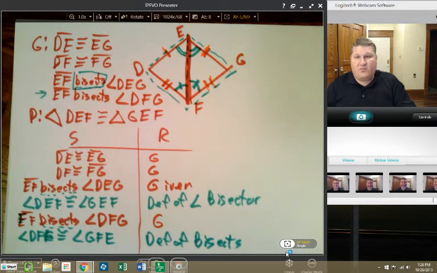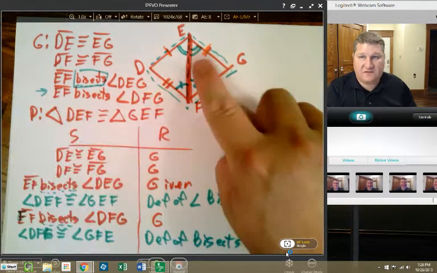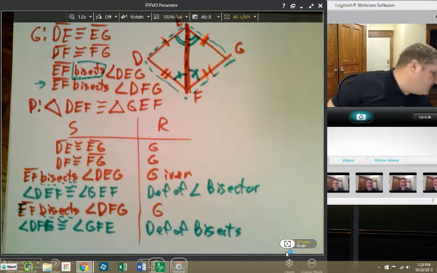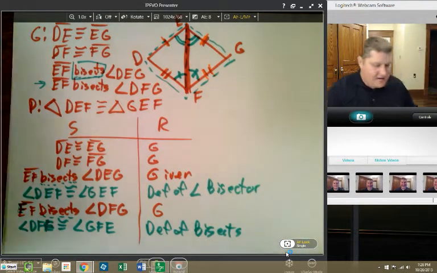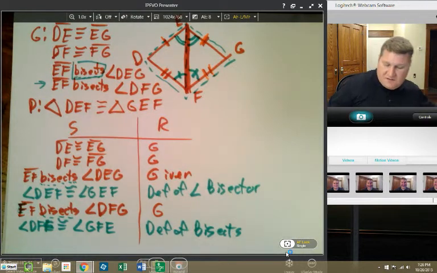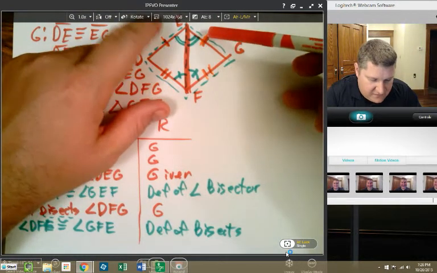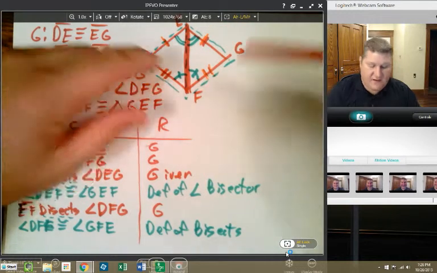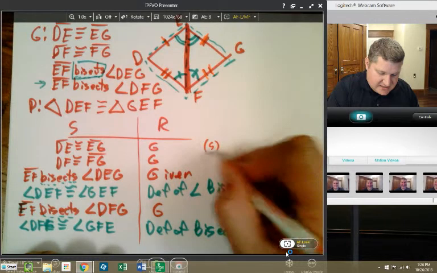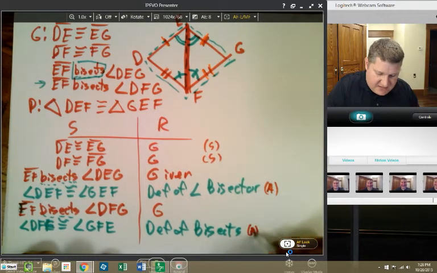Now, remember what we're trying to prove. We're trying to prove this triangle is congruent to this triangle. But the only way we know how to prove things congruent is by proving all of the various parts congruent. I got a set of sides, a set of sides, a set of angles, a set of angles.